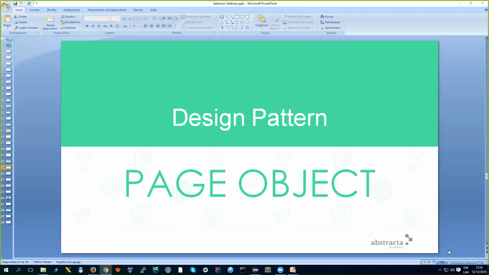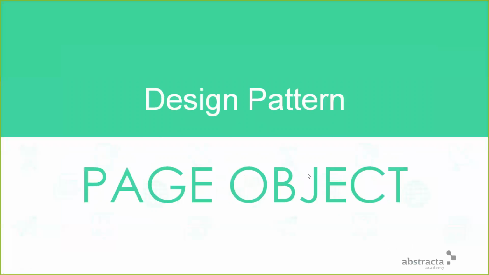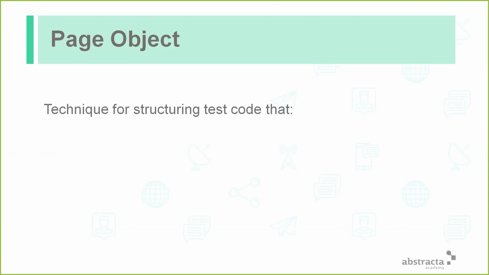Okay, sorry, I'm back. Let's talk about the design pattern page object, which is really important when we are writing scripts and doing automation, because it's a really good practice to use the page object pattern. So what is page object?